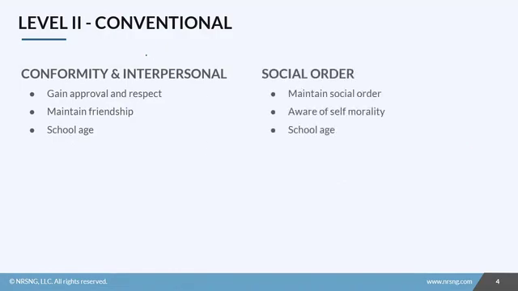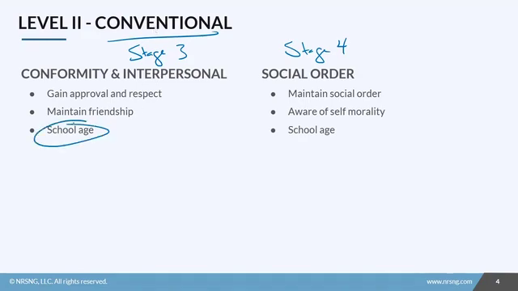Now, level 2 is the conventional level, and you have stage 3 and stage 4. These are for your school age children. The first one is called conformity and interpersonal, and this stage really focuses on maintaining friendships and gaining approval and respect from other people.